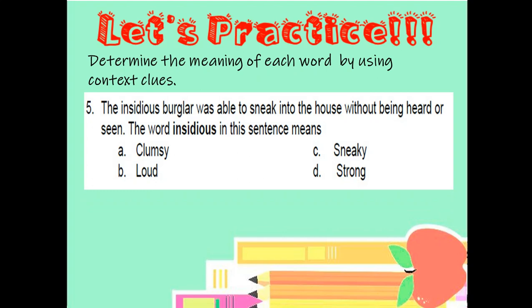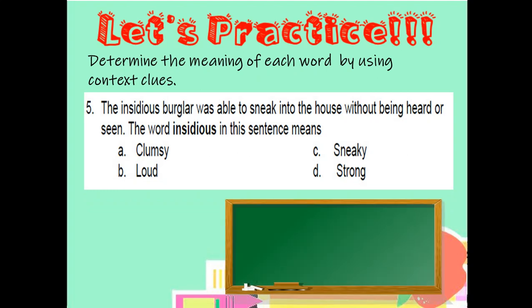Next one. The insidious burglar was able to sneak in the house without being heard or seen. The word insidious in this sentence means A. Clumsy, B. Loud, C. Sneaky, or D. Strong. What would be your answer?